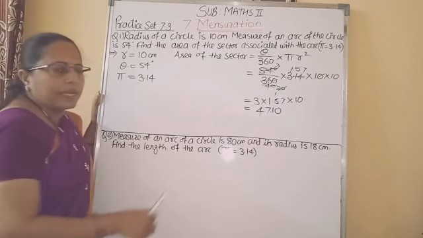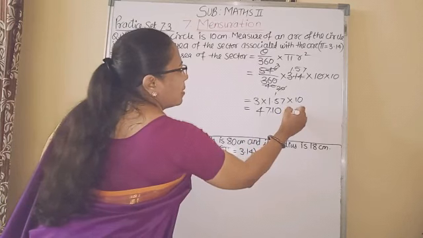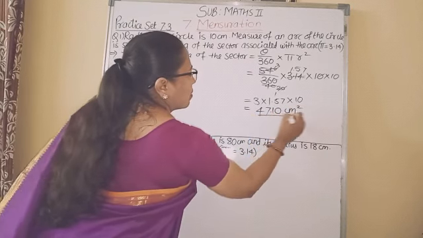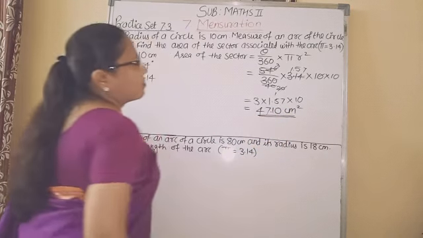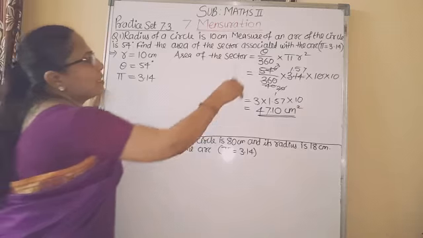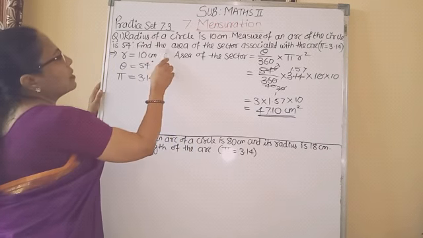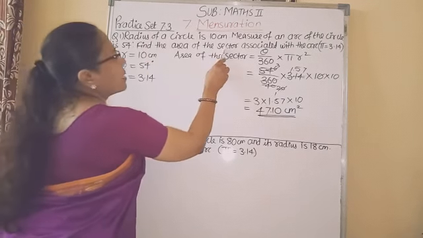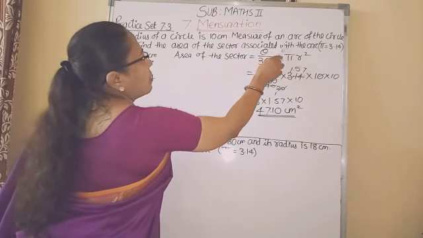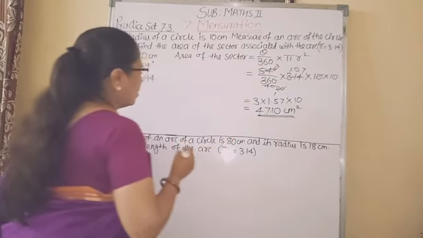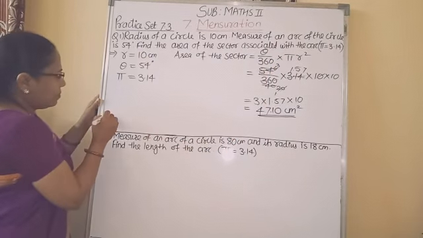So unit for area is centimeter square. This is the answer. So write the answer in statement. Question is, find the area of the sector associated with the arc. So write down answer.